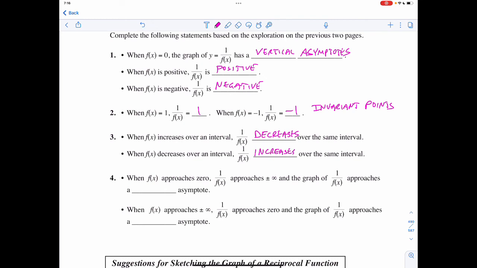When my original function approaches 0, the reciprocal function approaches positive and negative infinity, and the graph is going to approach the vertical asymptotes. When my original function is getting closer and closer to positive or negative infinity, my reciprocal is going to get closer and closer to 0 and approach the horizontal asymptote.